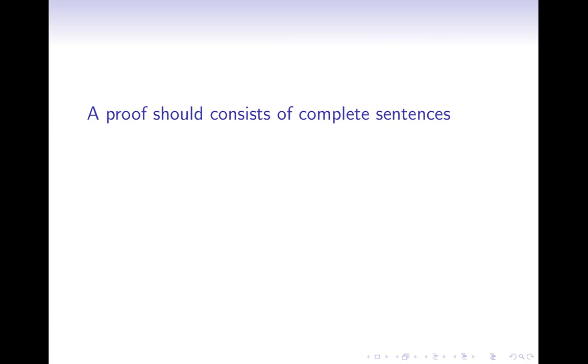Okay, a few other things. A proof should consist of complete sentences. You're writing something that somebody else has to read, and when it's read out loud, it should sound like ordinary English.